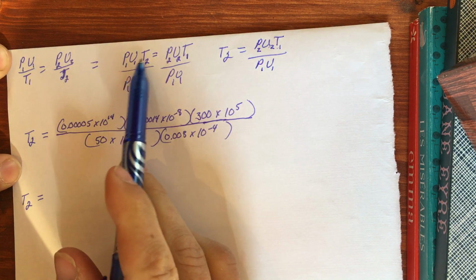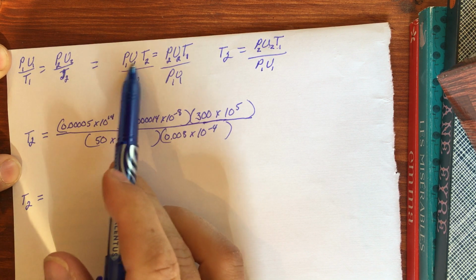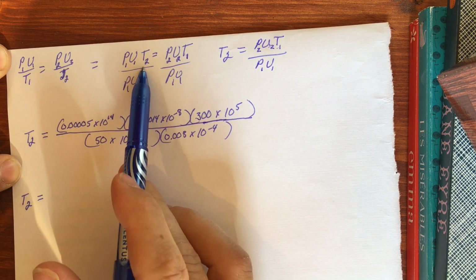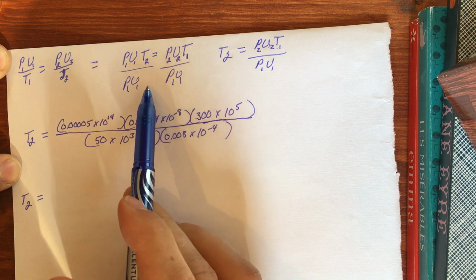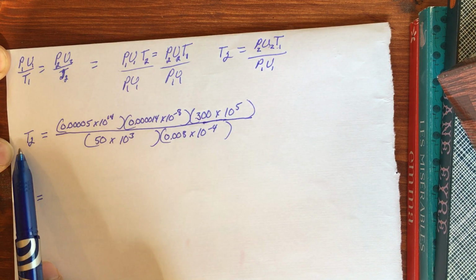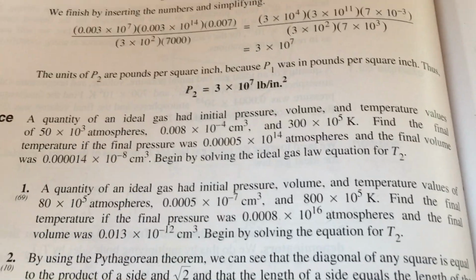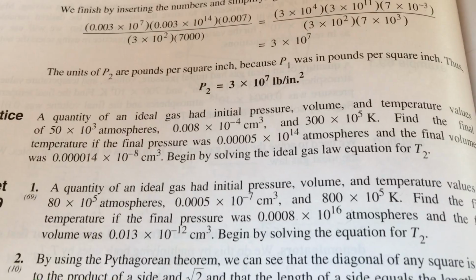We can easily take this formula and say, hey, we need to solve for T2, so we need to move this P1V1 over. And the way we do that is we divide both sides by P1V1, and we'll get out this T2. Here I've already taken this first problem that we have and put all the information over, so you wouldn't have to watch me do that and get bored.